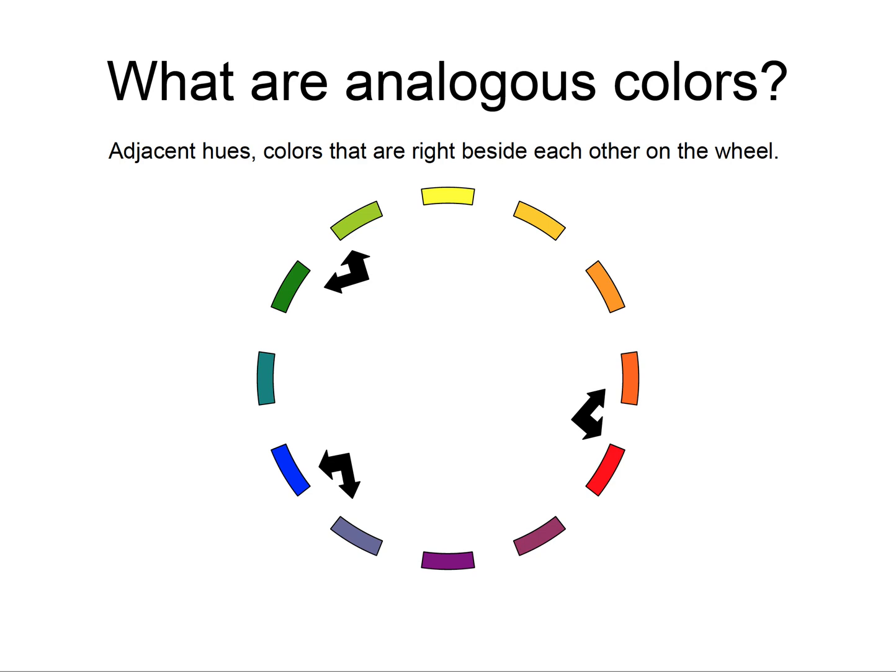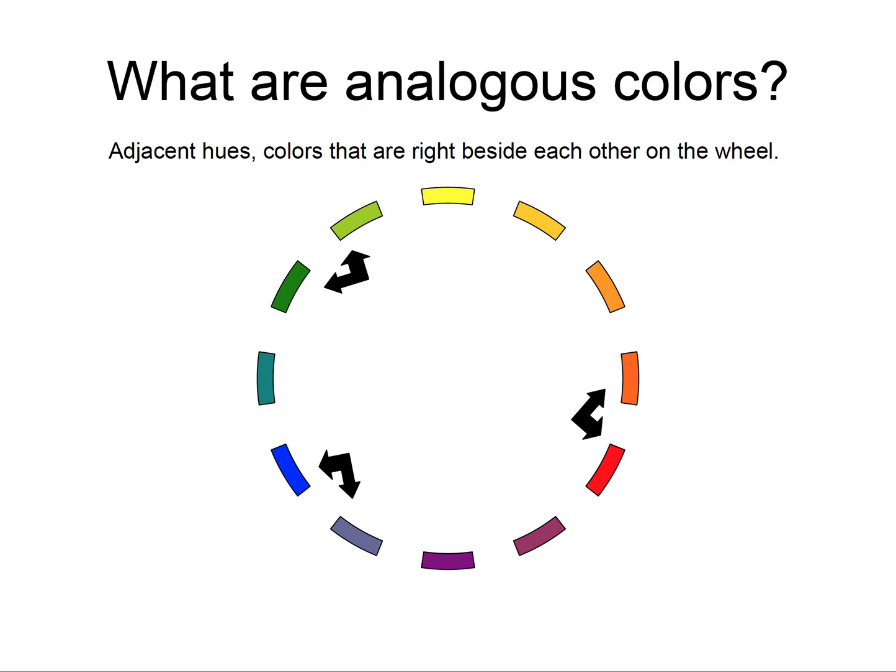Analogous colors, that's another color relationship that's important to understand. Analogous colors are colors that are next to each other on the color wheel. And their special relationship comes from having a common underlying color. So they are extremely harmonious. They really like each other a lot because they share a common parent.